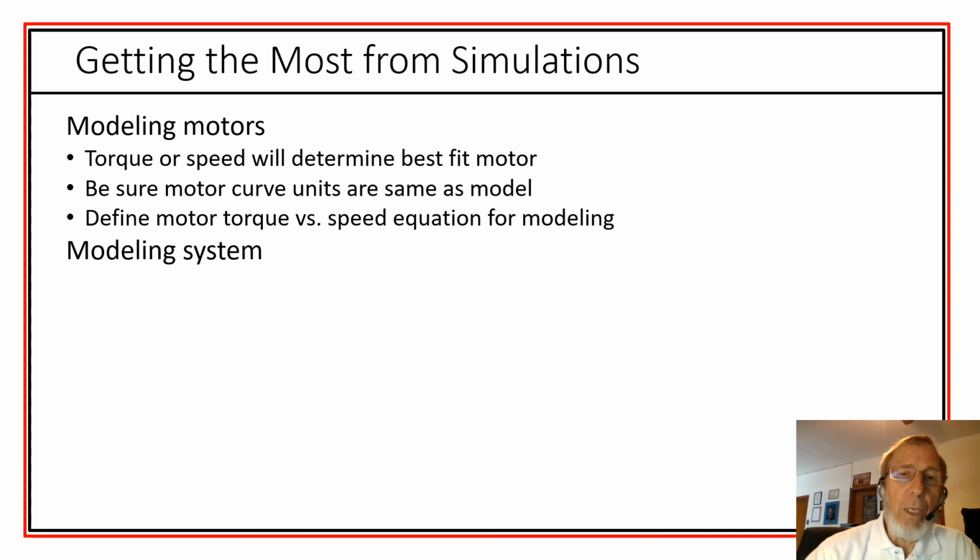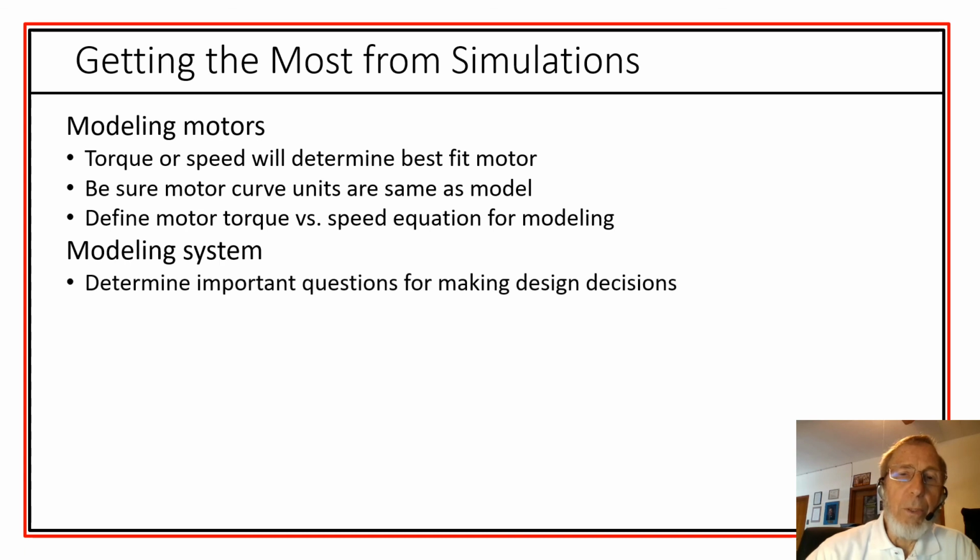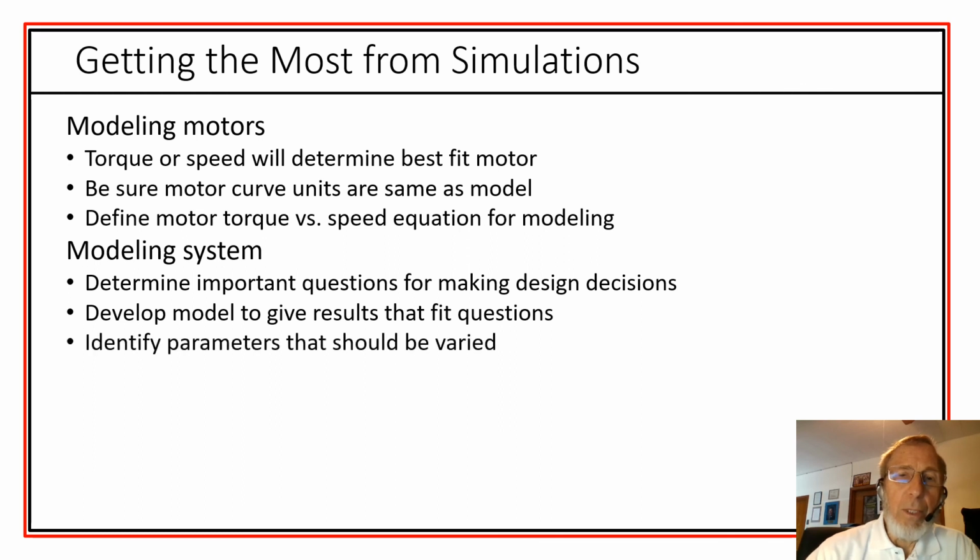And then when we're modeling the system itself, we want to ask what are the important questions. Make sure that in our calculations we give the information we need. We develop a model then to give results that fit the questions. We identify parameters we want to vary in order to see how these parameters affect performance.